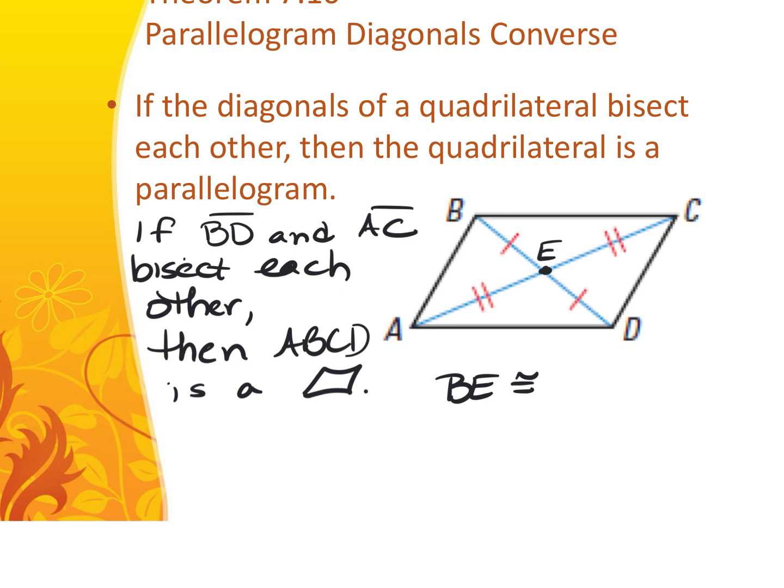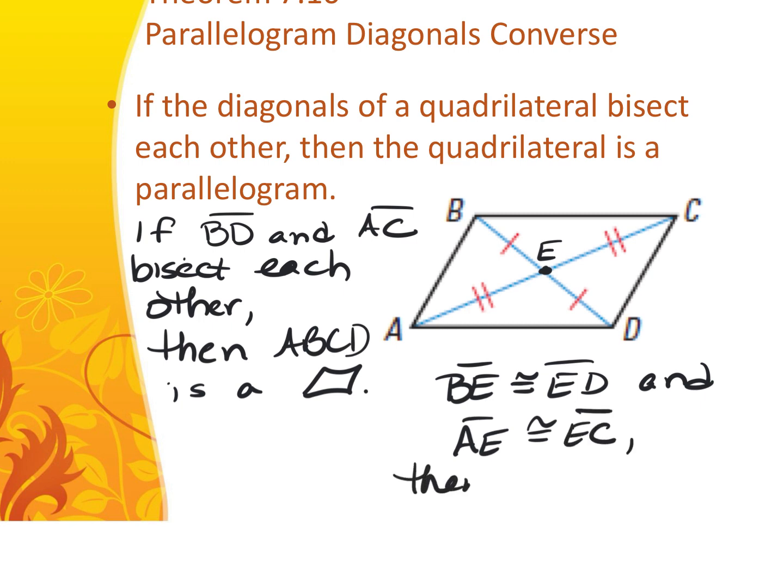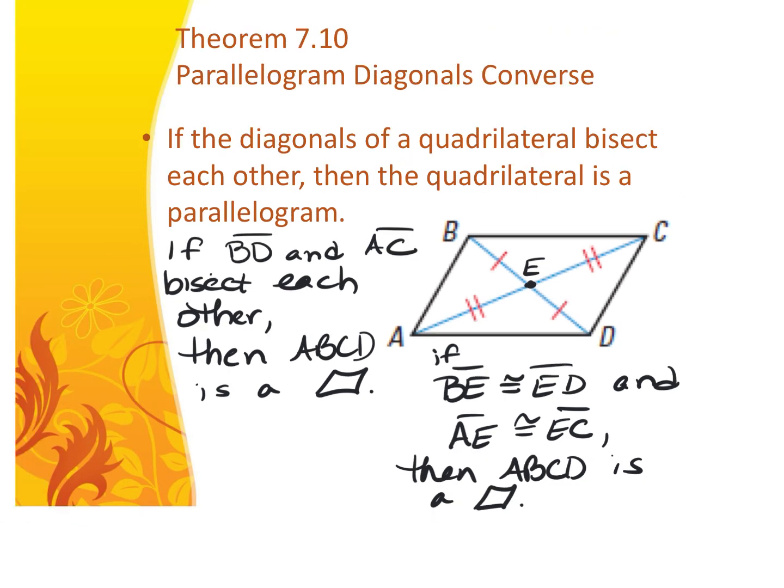So BE is congruent to ED, and AE is congruent to EC, then ABCD is a parallelogram. So two different ways you could phrase what you're seeing in this picture. So if these, then that. And again, don't memorize the number. You're either memorizing the name or what it states.